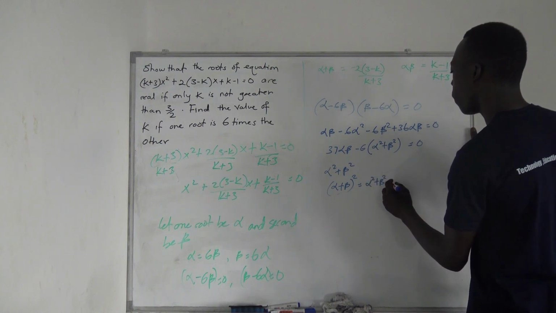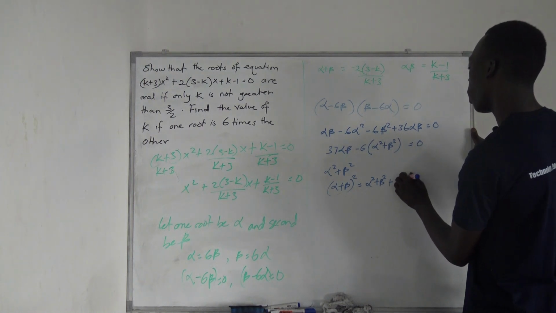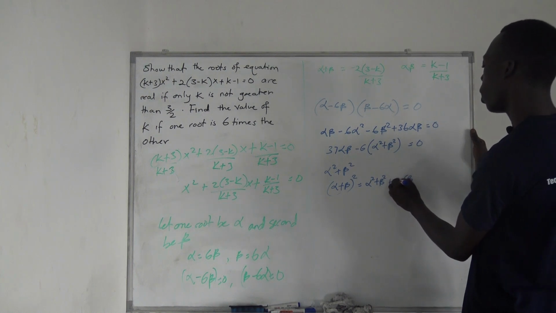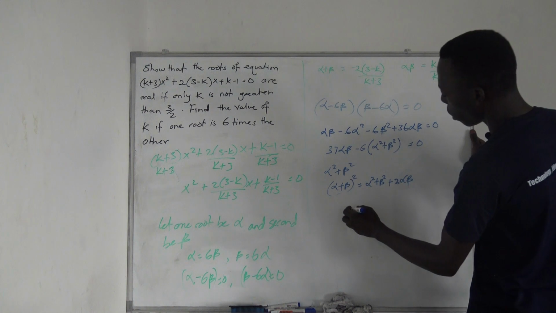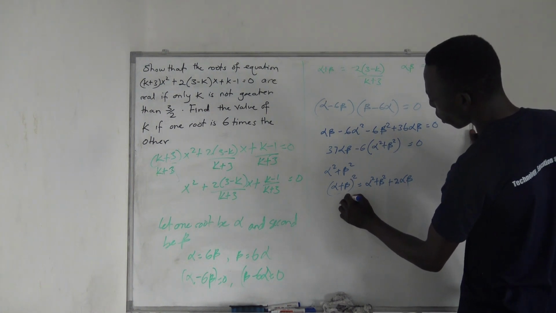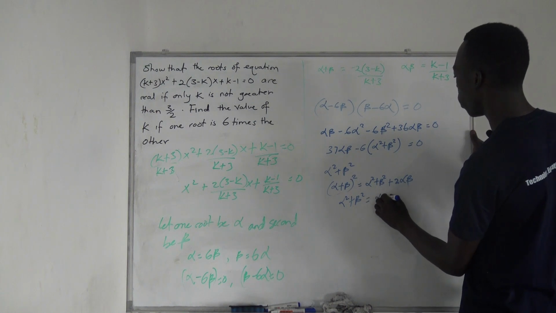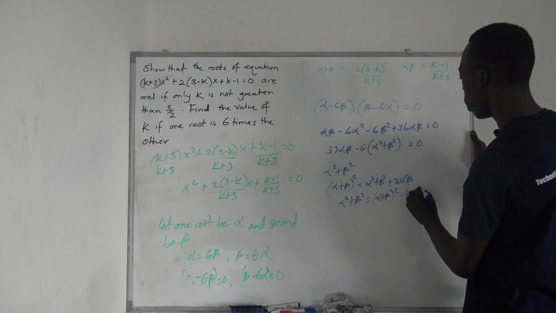Then here it becomes plus 2 alpha beta. So that when I take this one, this side will remain with this. So I'll have alpha squared plus beta squared, which gives us alpha plus beta, the whole thing squared, minus 2 alpha beta.